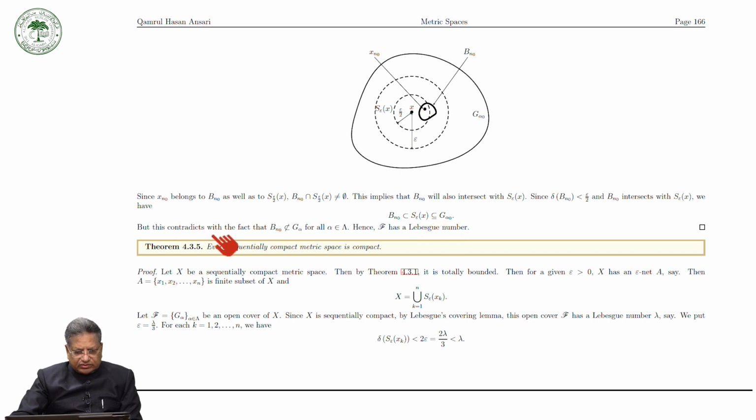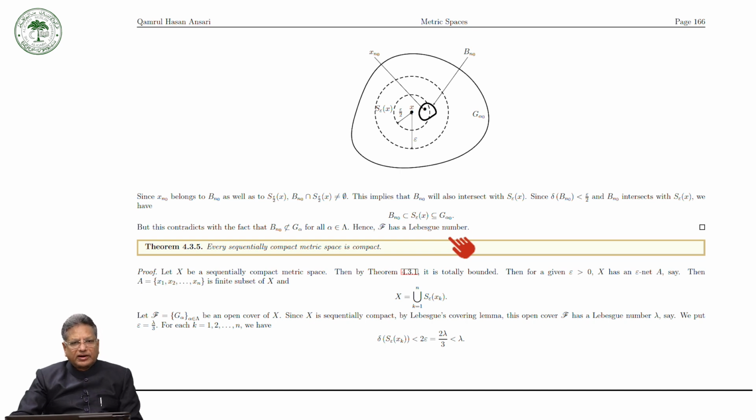But this contradicts the fact that B_n0 does not lie inside G_alpha0. That is to say, B_n is not contained in G_alpha for all alpha, and hence F, which is the open cover of X, has a Lebesgue number.